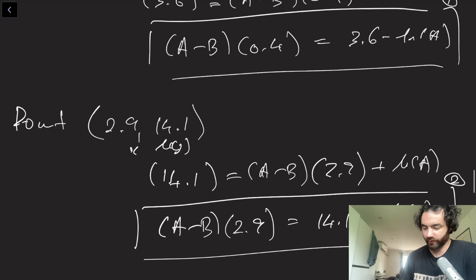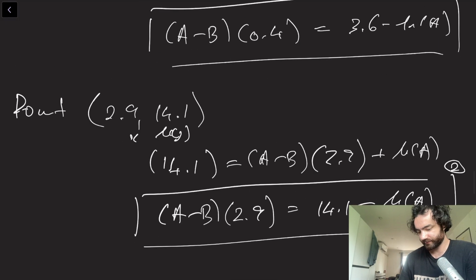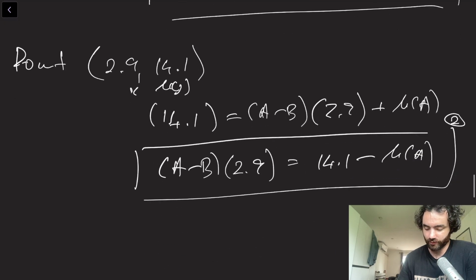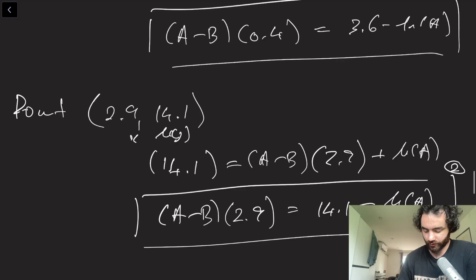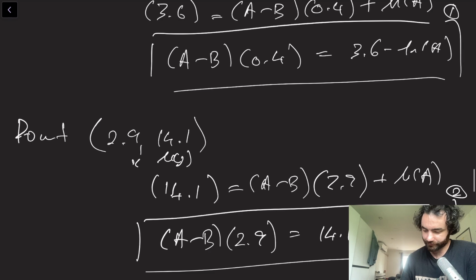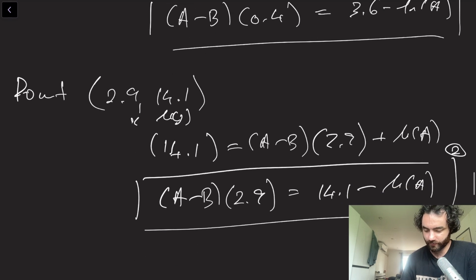Now, in order to solve this, there are many ways you could do it, but the way I would do it is you want to somehow get rid of this a minus b, and then you just get something in ln of a.